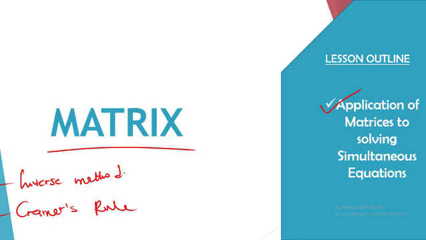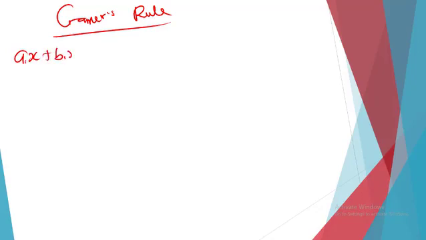Okay, so let us quickly go to what we have for today. Cramer's rule. If we have two simultaneous equations, a1x plus b1y equal to k1, and then a2x plus b2y equal to k2, all we need to do is to form the matrix, which we all know how to do.